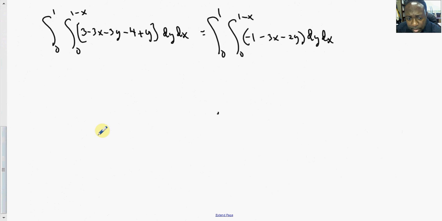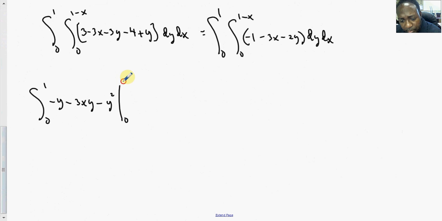So integrate with respect to y. So we have negative 1 times y minus 3 times x times y minus 2y squared divided by 2, which is just y squared. Here y is evaluated from 0 to 1 minus x.